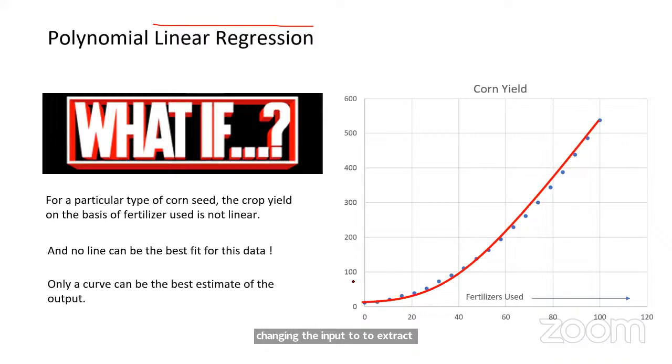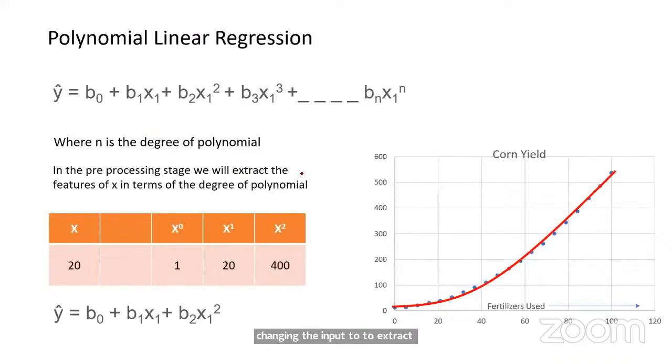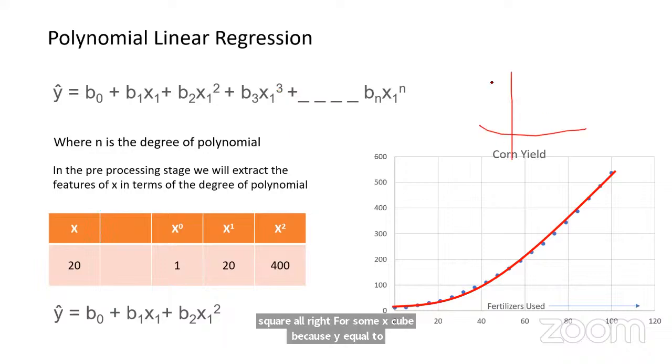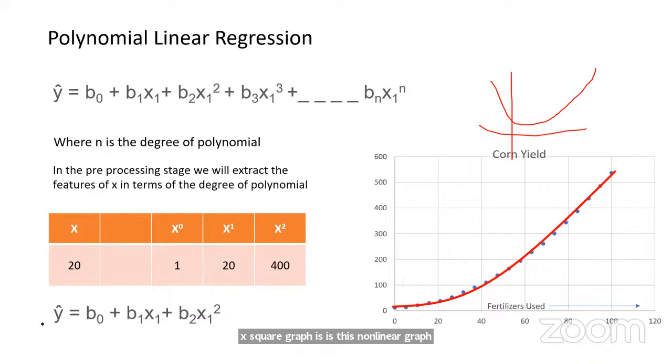We call it feature extraction. The equation of a curve looks like y equals some x square, or some x cube, because the y equal to x square graph is a non-linear graph, and we need to fit that curve.